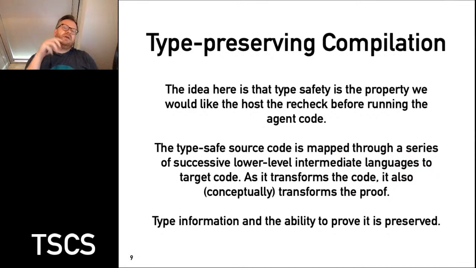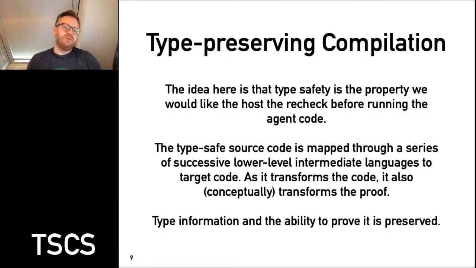And the idea here, for this lecture, is that we want to preserve type safety, and we would like the host to recheck this code that we produced before running this agent code, so the client can actually recheck this. And the idea is that type safe source code is then mapped through a series of successive lower level intermediate languages to target code.